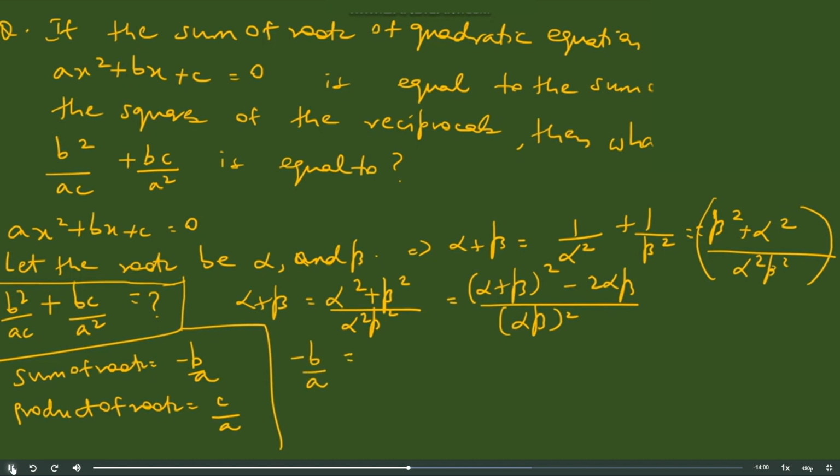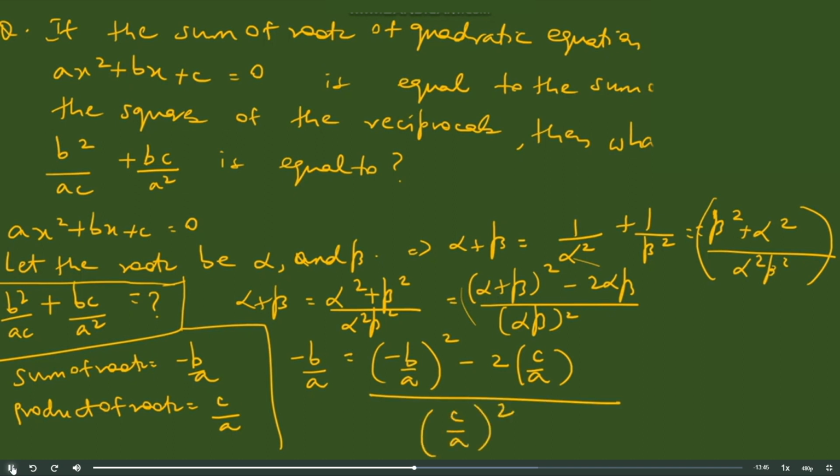So minus b by a is equal to alpha plus beta the whole square, minus b by a the whole square, minus 2 into c by a, which is the product, whole divided by c by a the whole square. So we know that minus b by a is equal to b square by a square minus 2c by a, the whole divided by c square by a square.